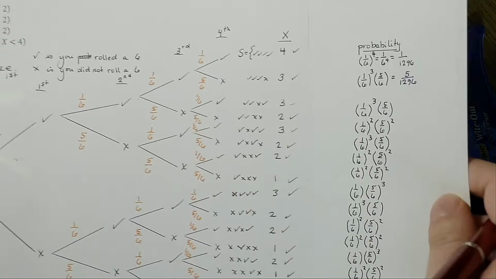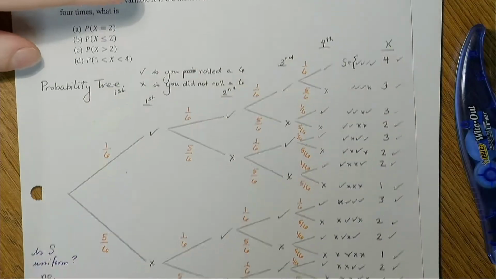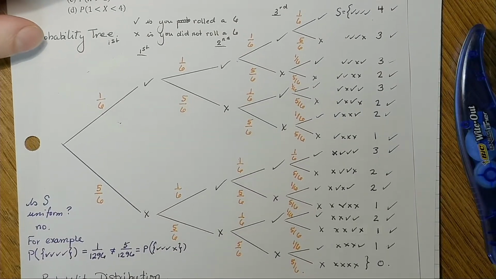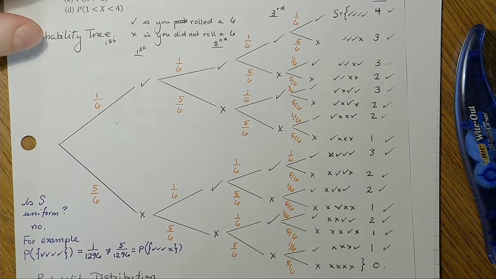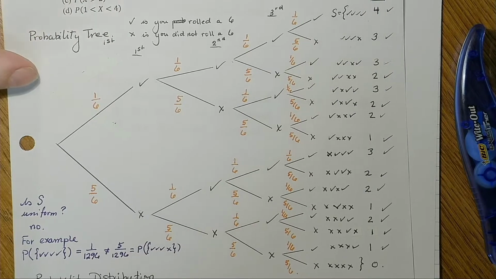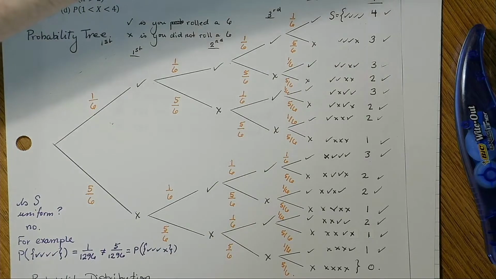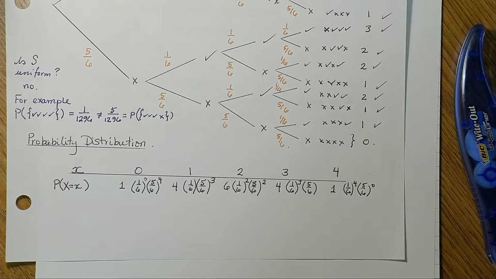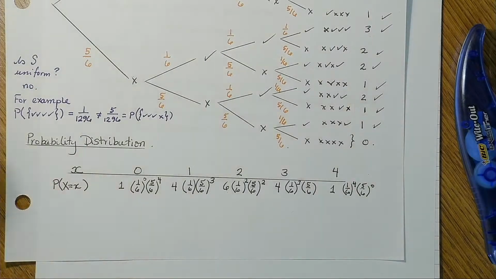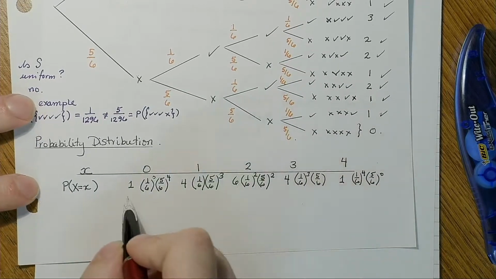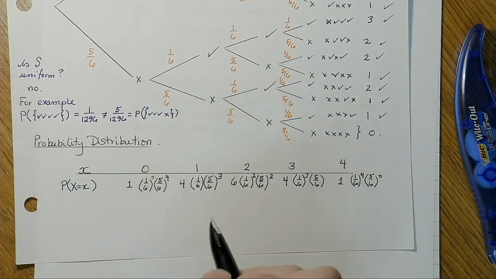Okay. So I keep showing this, and we came up with this distribution at the bottom here. There are a couple of things we start to notice. We have some patterns.